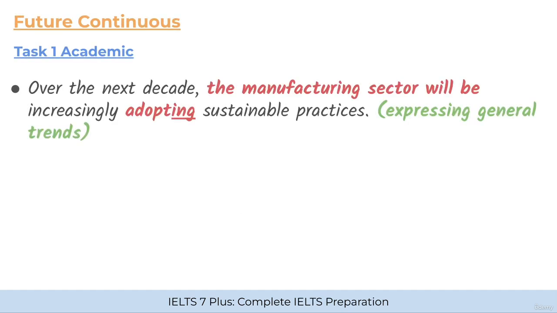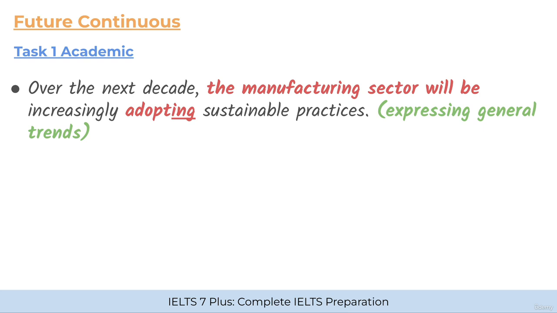Okay, so the first one we have, the manufacturing sector will be increasingly adopting sustainable practices. So the part of the tense that I've highlighted is the subject, the manufacturing sector, then the modal auxiliaries will be, and then the present participle. And increasingly is an adverb in the middle there. So be prepared to see the tenses perhaps with other verbs in the structure as well.